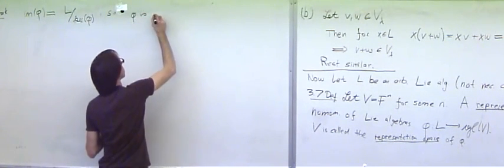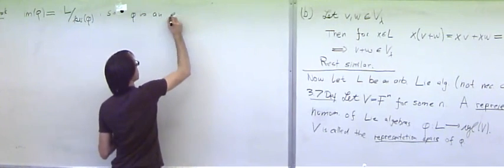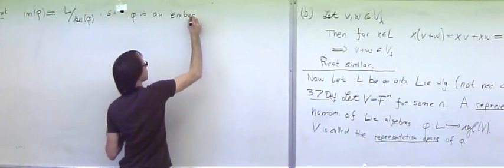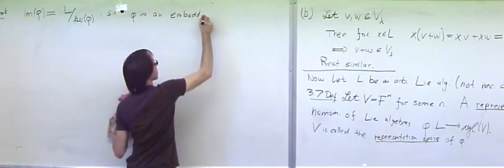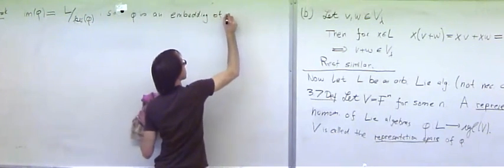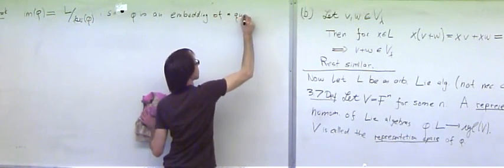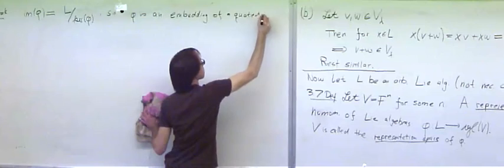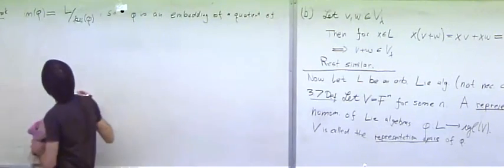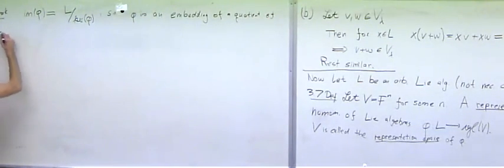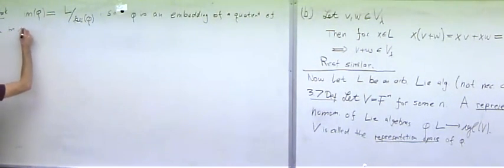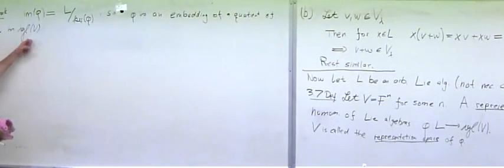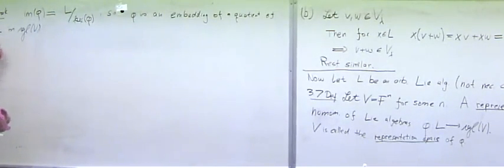So what phi actually is, it's an embedding of a quotient of this given Lie algebra L in some matrix Lie algebra, but not L itself.